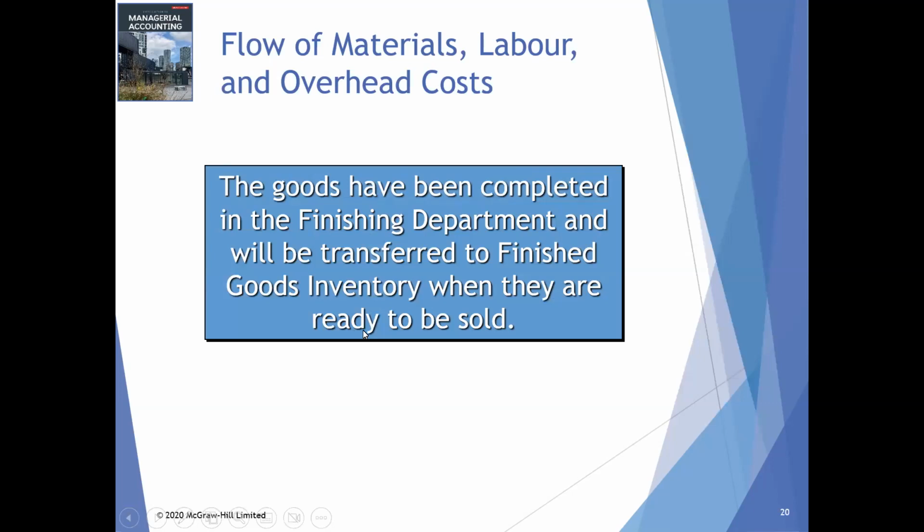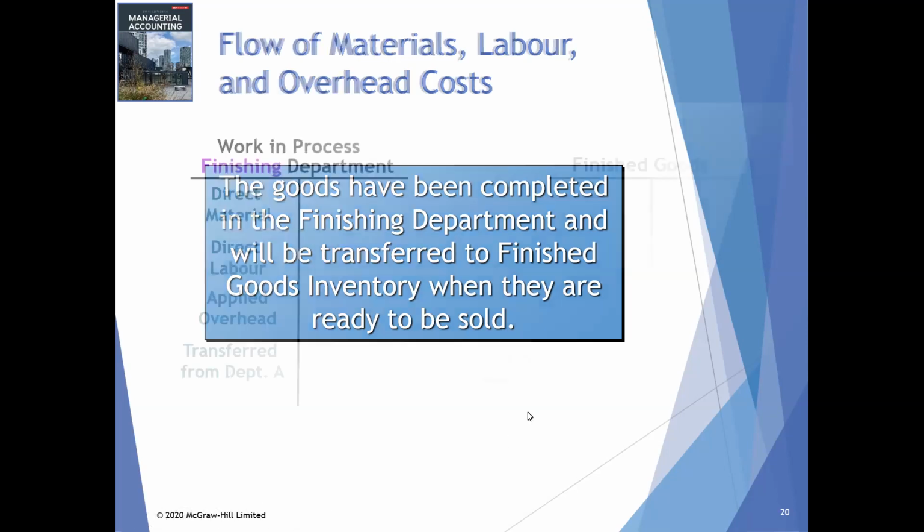So the goods that have been completed in the finishing department will be transferred to the finished goods inventory when they are ready to be sold. It means from the finishing department, some of the goods will be transferred to the finished goods inventory, that will be the stock.